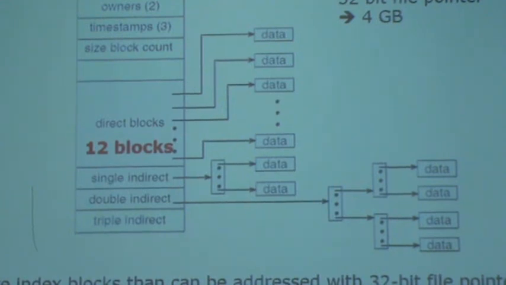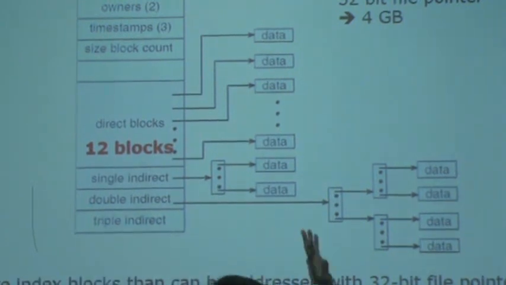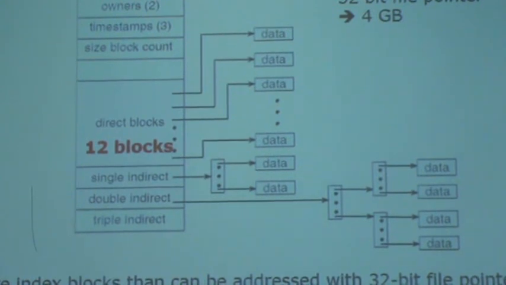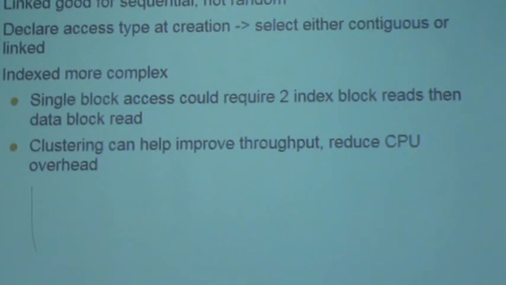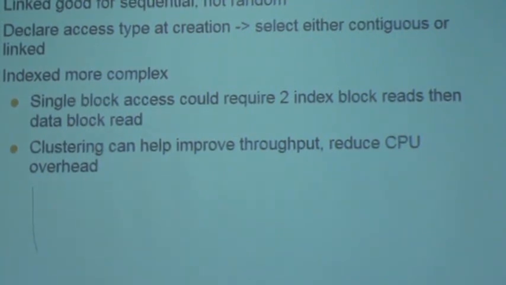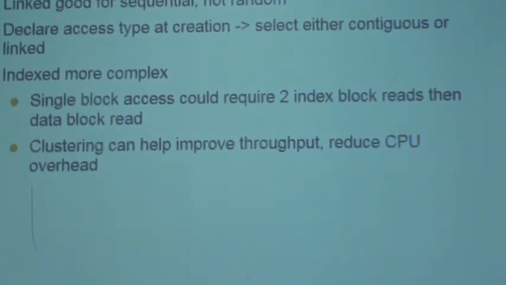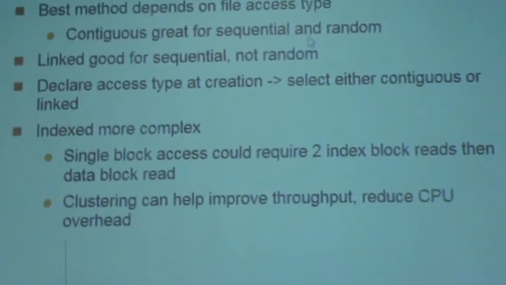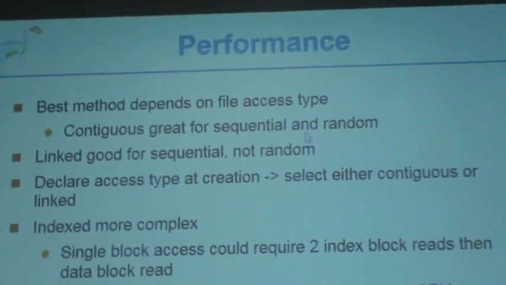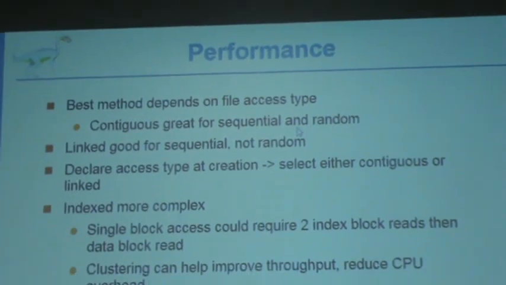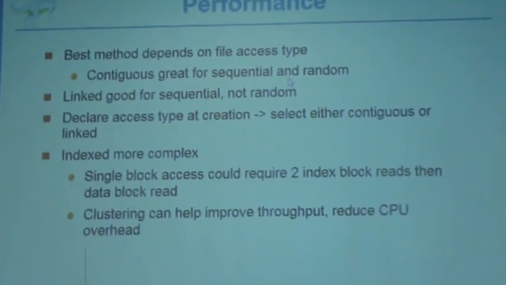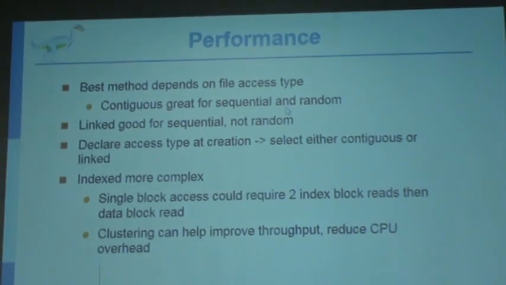Windows allowed only 2 gigabytes at that time, because it used the inode data structure. The link allocation is good for sequential access, but for random access you need to use indexing, but the index is more complex, right? Also it needs more space to manage such an index.